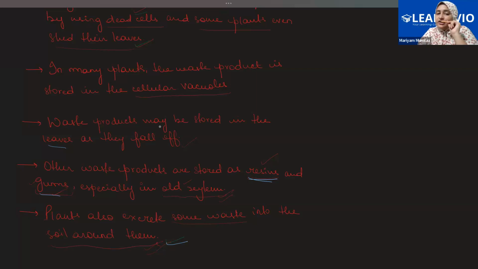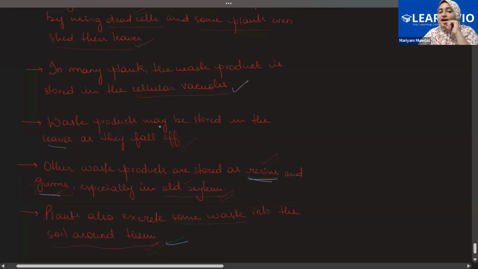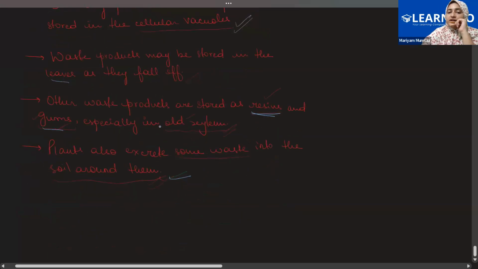Now these vacuoles are used by the plants to store the waste products. So when a plant has any kind of waste product, they store it in the cellular vacuole, meaning the vacuoles of the cell. Waste products may be stored in the leaves as they fall off. Apart from that, the other waste products are resins and gums, especially in the old xylem.